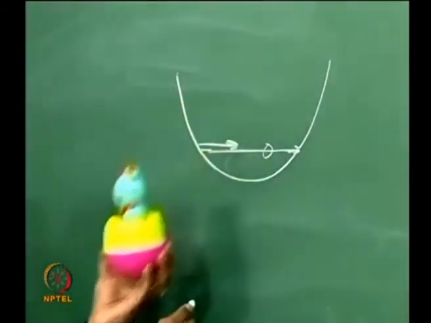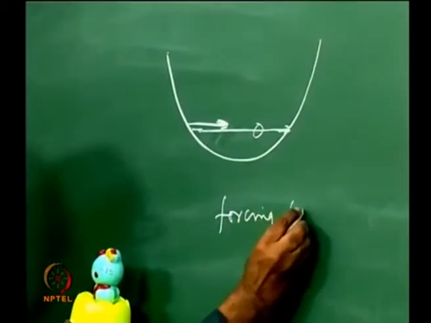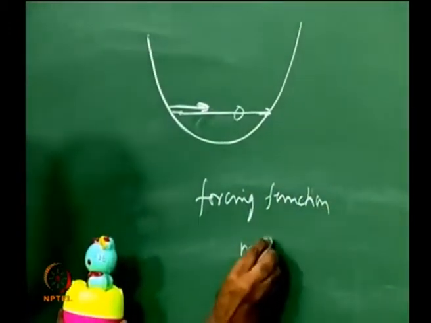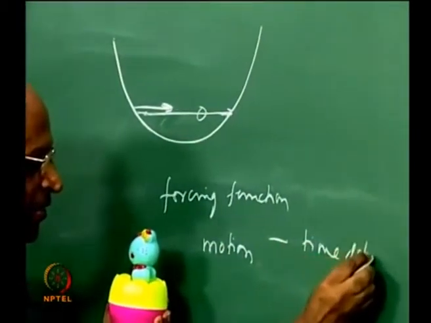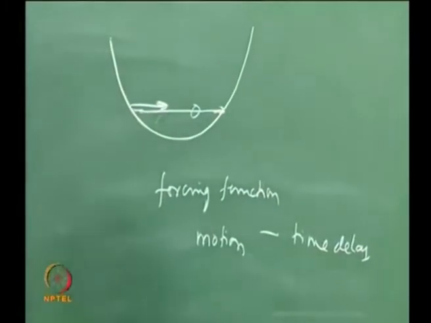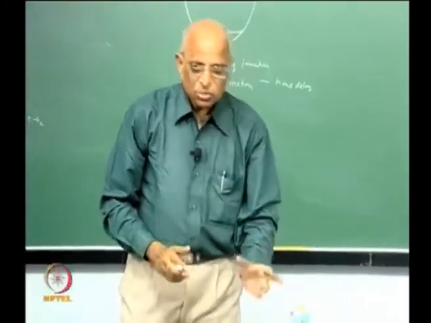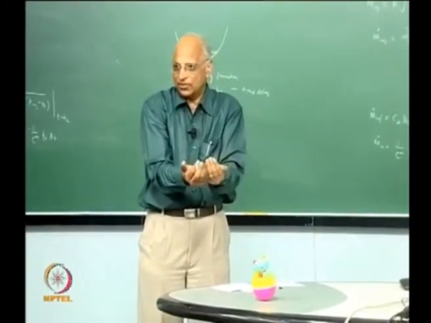That means there is a delay between the forcing function and the motion. It is this time delay which keeps this oscillating once it starts, and once you oscillate it, it keeps on going. This toy is different from a toy in which at the bottom you have a mass.